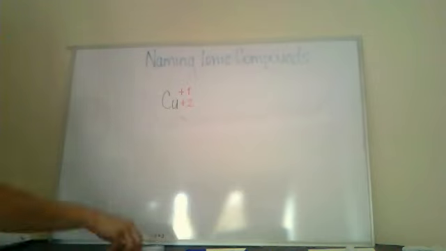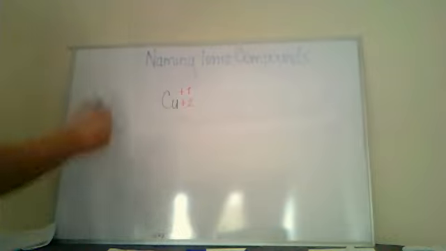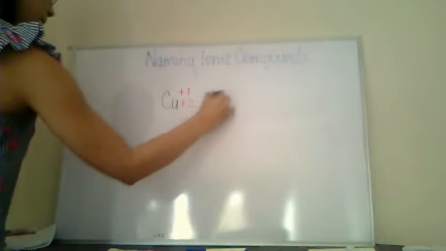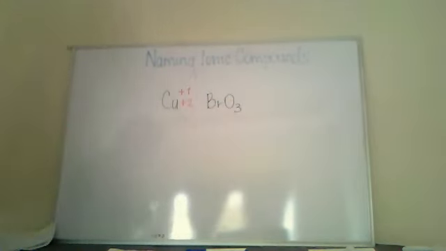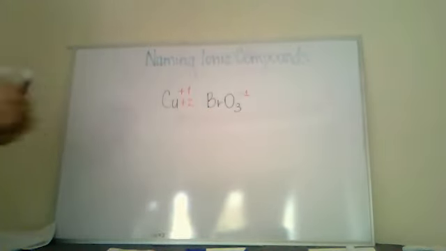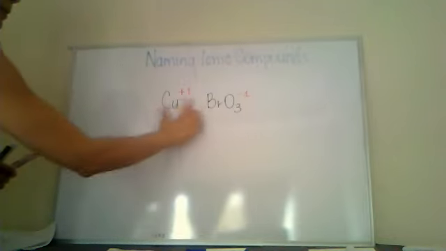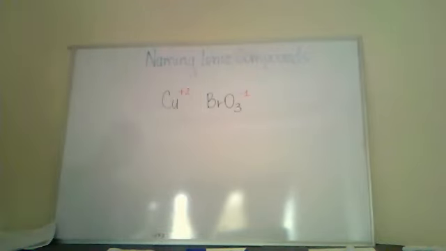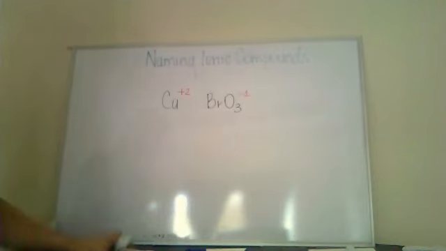All right? And to copper, I'm going to add something that is called bromate. That's on the back part of your periodic table, and it has a charge of -1. And for this example in copper, I'm going to use the charge of +2. So we have copper with a charge of +2 and bromate with a charge of -1.